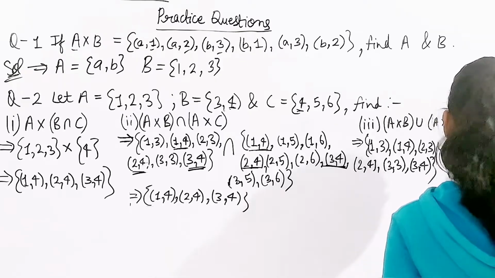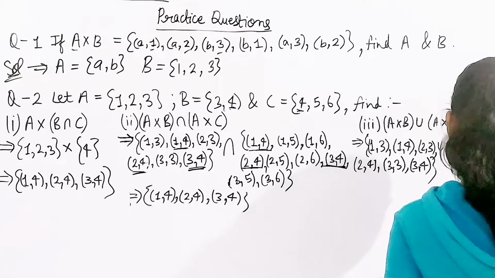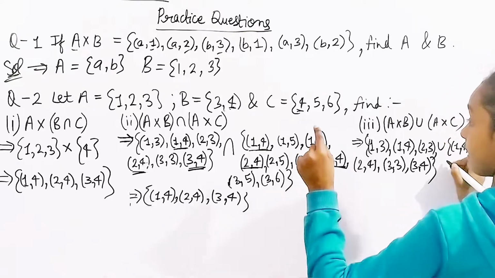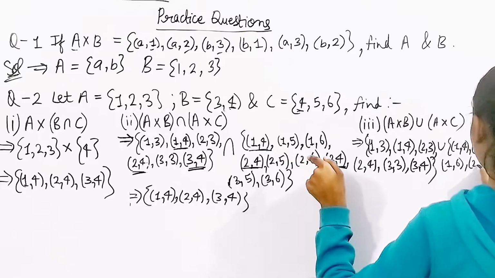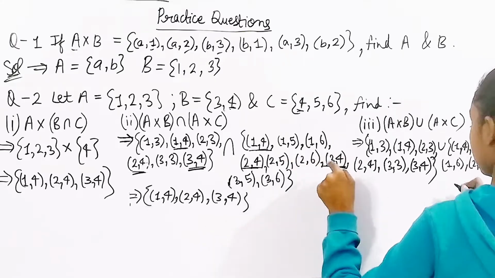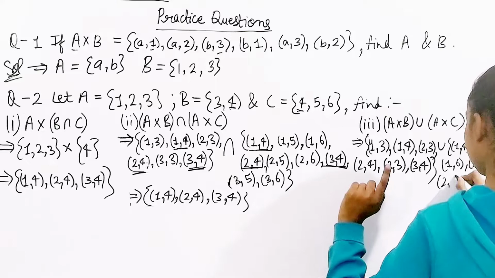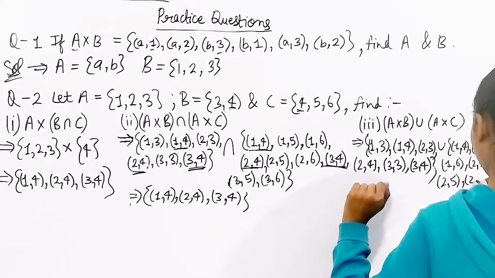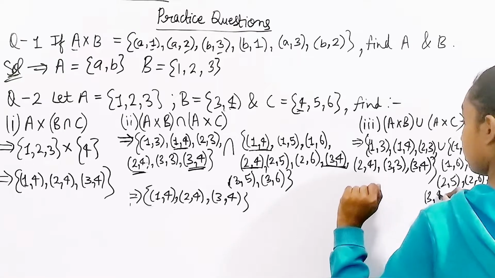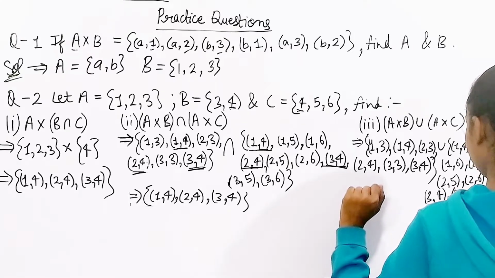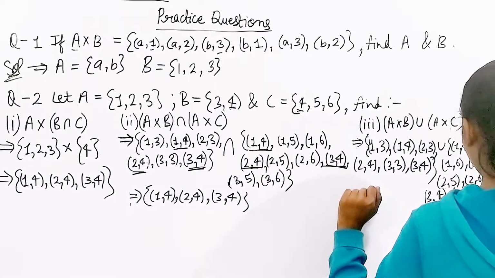1, 4, 1, 5, and then we have 1, 6, and then 2, 4, and then 2, 5, 2, 6, 3, 4, 3, 5, 3, 6.